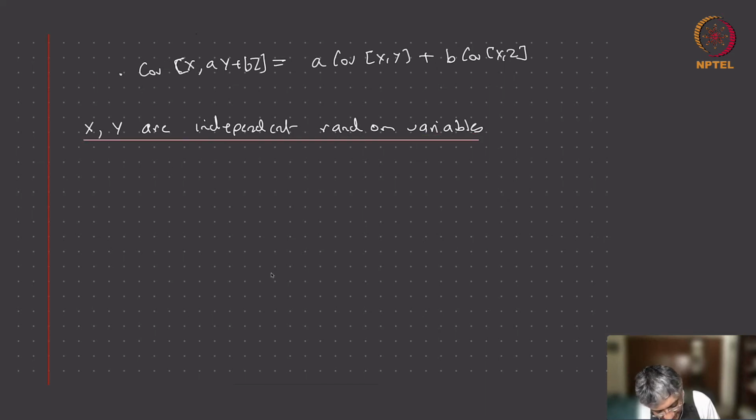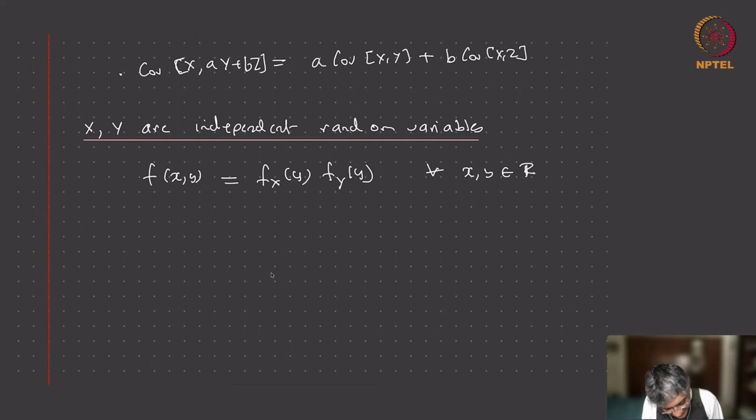So here what happens now? Here one should try to see. So now the first thing you know is that the joint density f of x comma y is going to split up as a product of fx times fy, right? For all x and y, and this is a fact we know, where these two are the marginal densities, right?